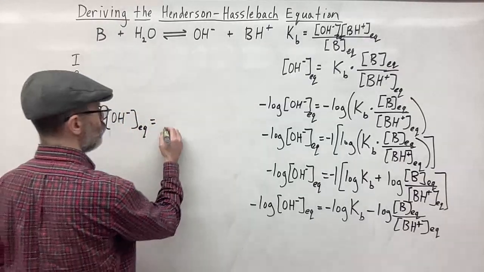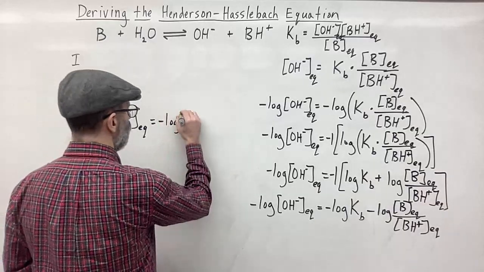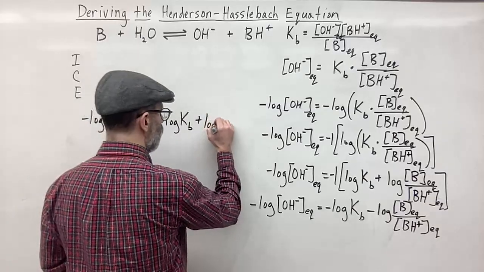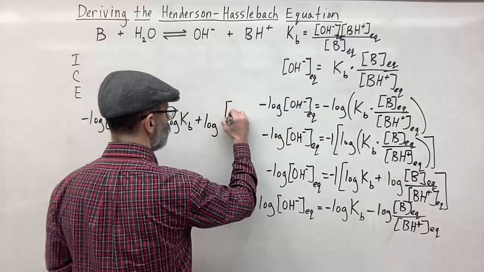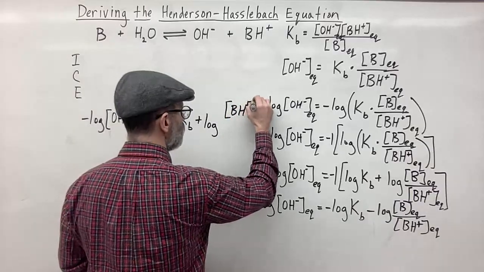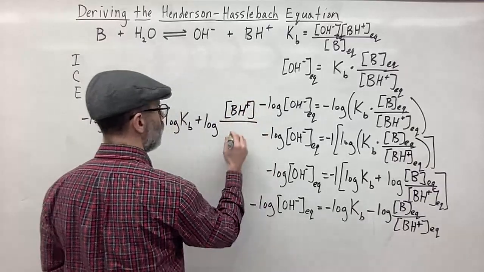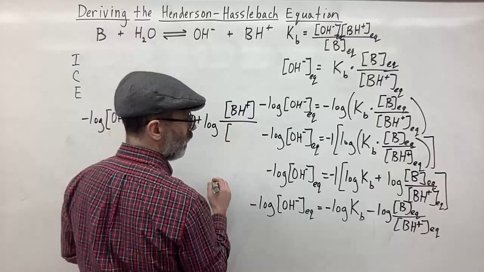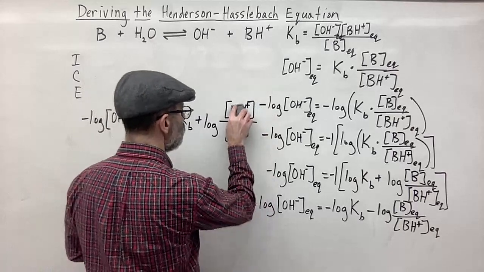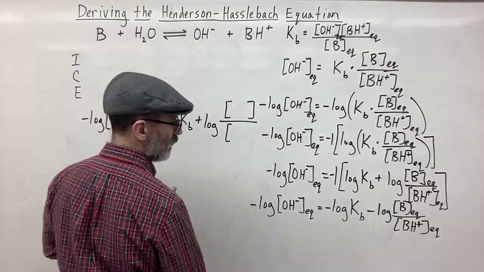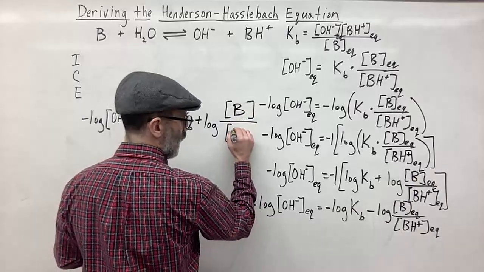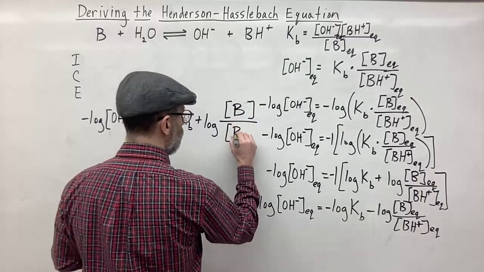That's going to be equal to the negative log of Kb plus the log of the concentration of BH plus over the concentration of B, since I'm skipping that step.